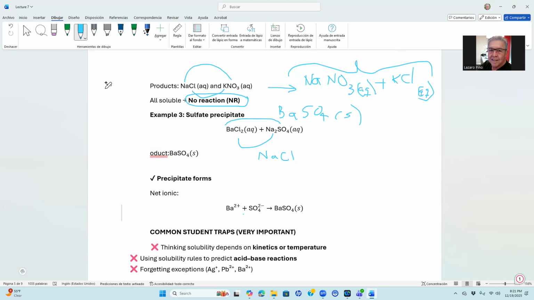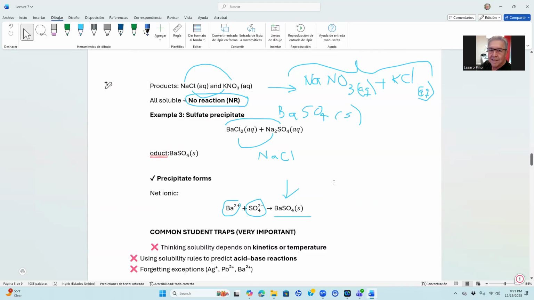So the net ionic reaction will have barium sulfate as a solid in the products and the ions, barium and sulfate, in the reactants position.